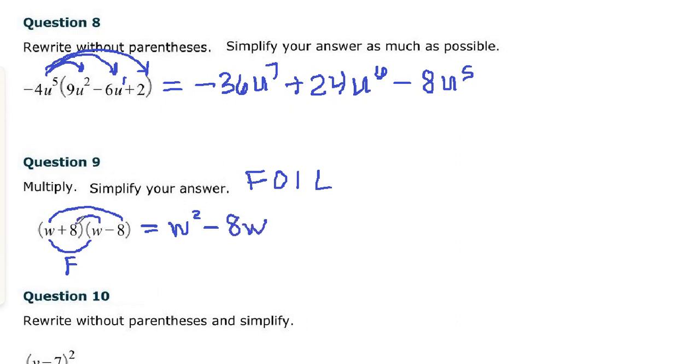Inner terms, 8 times w, positive 8w. And then last terms, 8 times negative 8, negative 64. And then negative 8w plus 8w is 0. Those guys cancel out. This is just w squared minus 64.